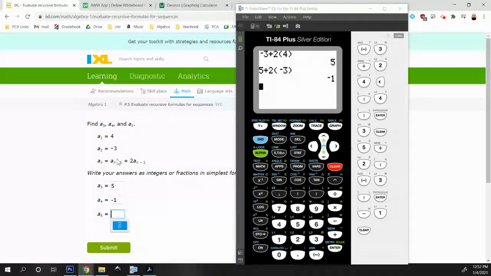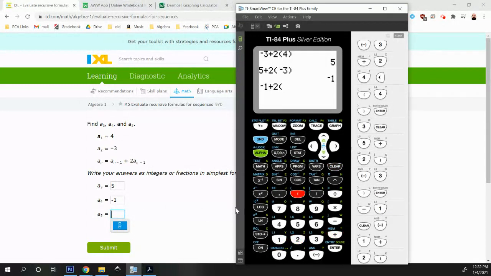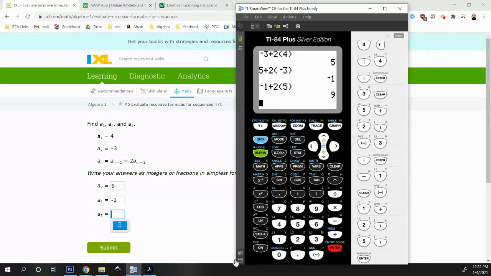Okay, and then we want to find the fifth one, which is the one before it, which is -1, and then 2 times the one before that, which is 5. And that's 9. And I did it again. You wouldn't think that would be that hard to remember.